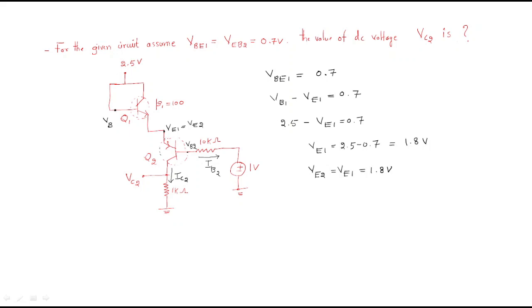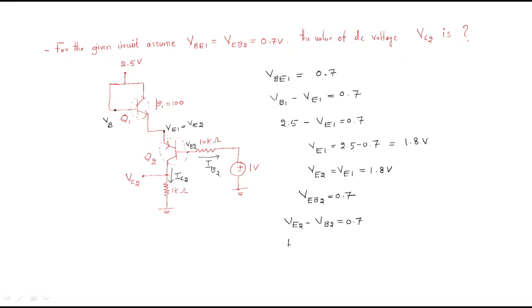The voltage VEB2 is already given as 0.7. That means the voltage between these two points, so I can write VE2 minus VB2 equals 0.7.